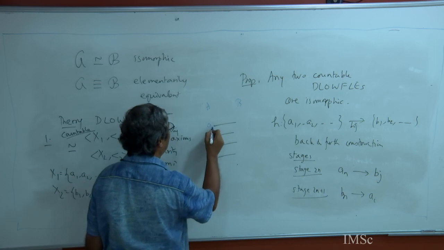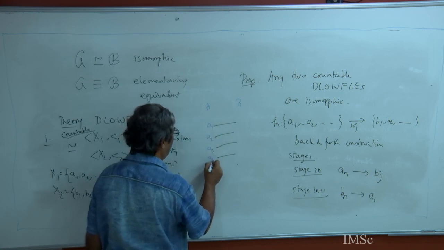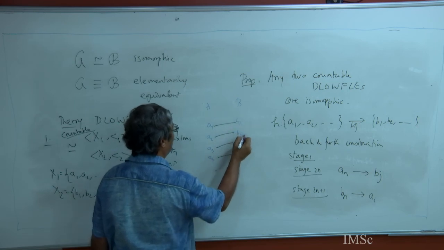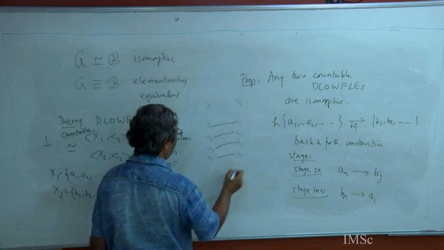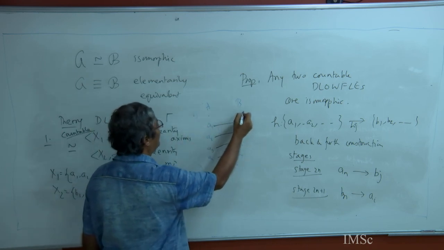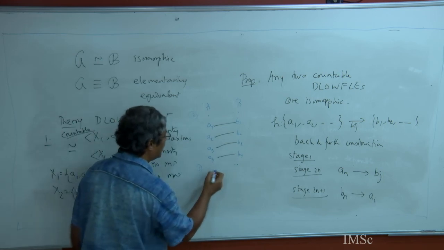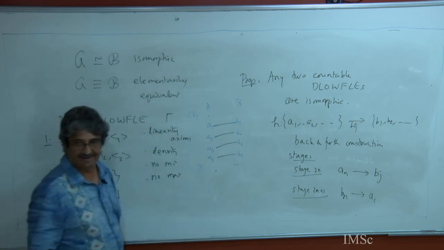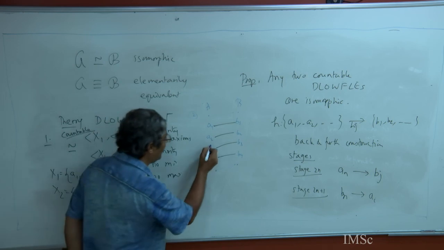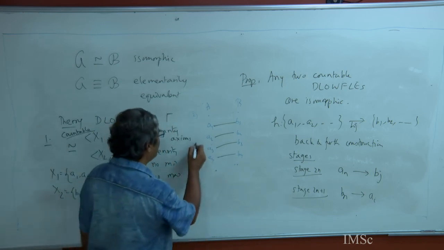So let's call these A1, A2, A3, A4, B1, B2, B3, B4. So this is one case. If it is below all of them, you map it to an element below. This is case 2. What if it's somewhere in between? It can only be, let's say, between A2 and A3. It should be between one of them. This is case 3.